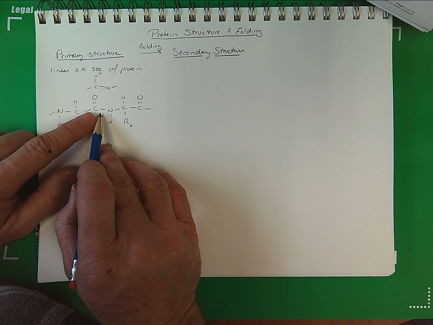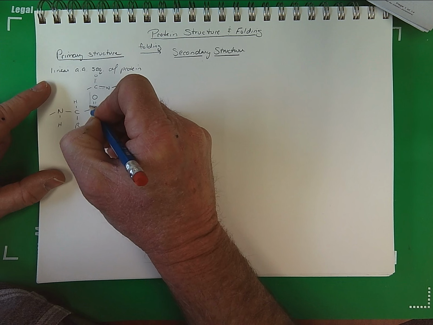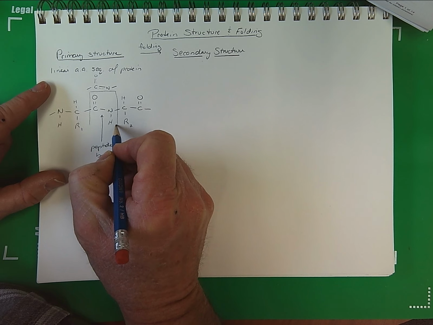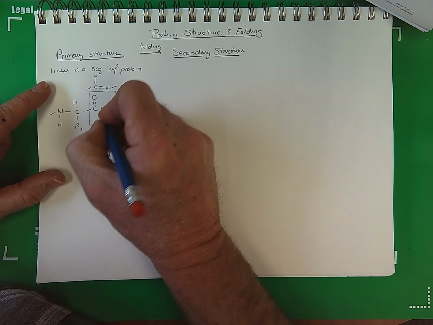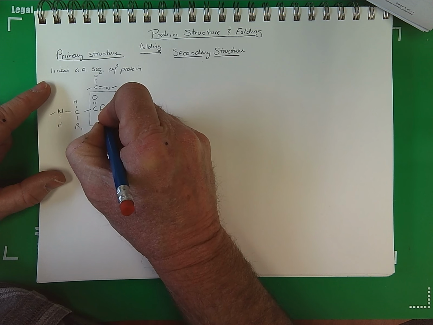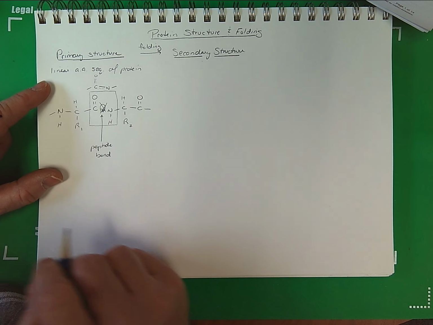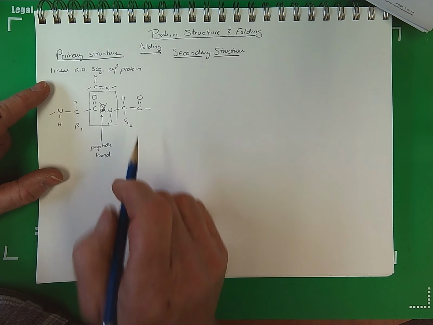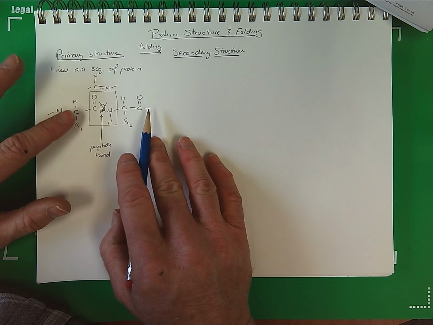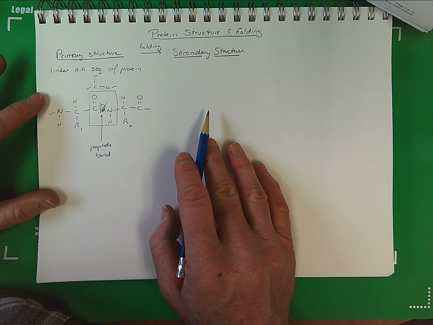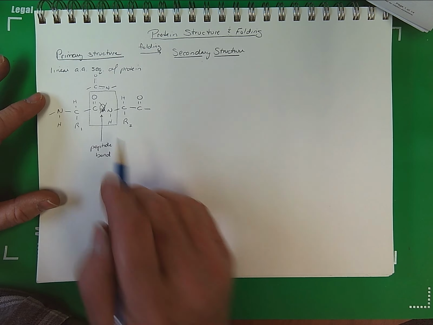Because this is a partial double bond, this particular structure will remain rigid. In other words, rotation around this bond cannot happen. Now that means every peptide bond that is formed in the linear structure of a protein in the primary sequence is going to have a planar effect.